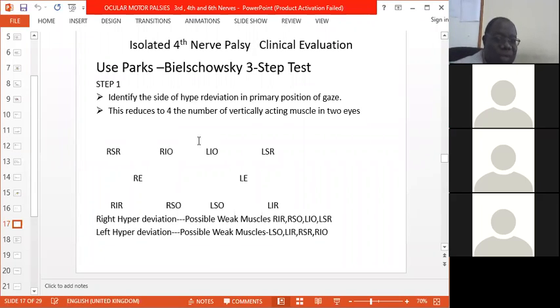It means this is weak and this is weak. In the same eye, the muscles for depression are weak. In the opposite eye, because these are supposed to be acting together, pulling the eyes up together, it means they are not elevating as much. So these are possible weak muscles, and these are possible weak muscles for the right eye to be hyperdeviated, to be higher than the left eye.